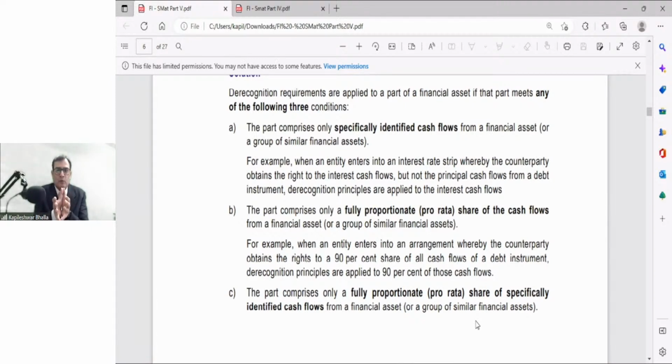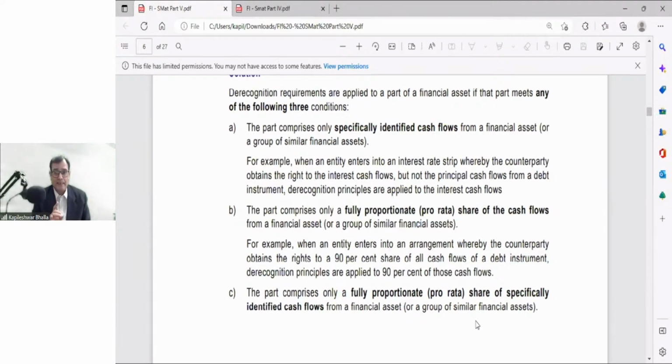Or you transfer only the interest portion, that is called an interest rate strip. So when the company enters into an assignment of trade receivable, tells the factoring agency that I am going to transfer only principal, we say that you have transferred the principal strip. If I'm going to transfer only the interest, it is called the interest strip.